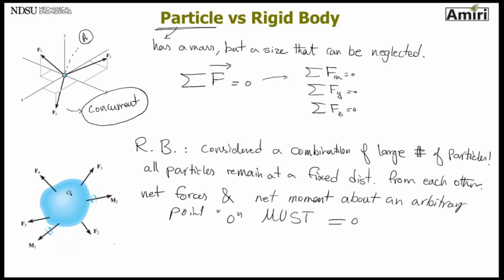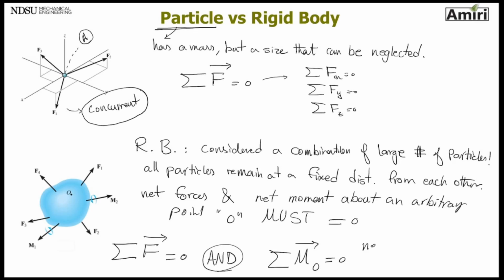So let me write it in equation form. Summation of forces equals 0. Summation of moment about an arbitrary point O needs to be 0. There is an "and" between these two equations, and this is what we call necessary and sufficient conditions for equilibrium.